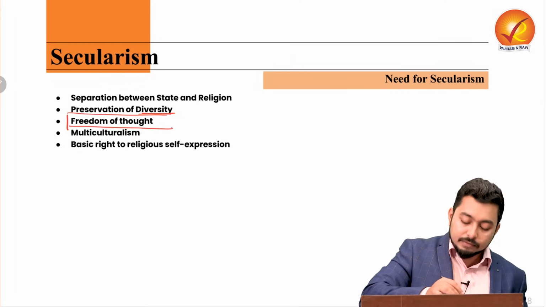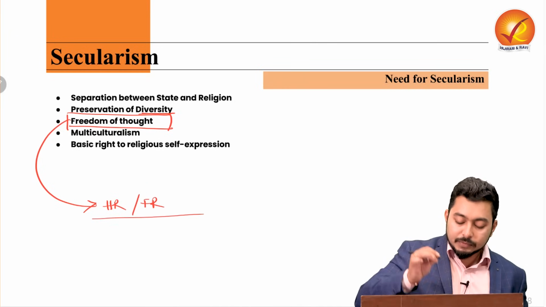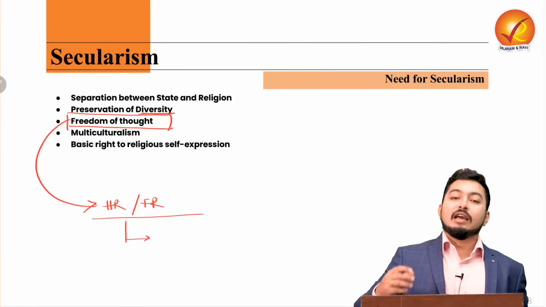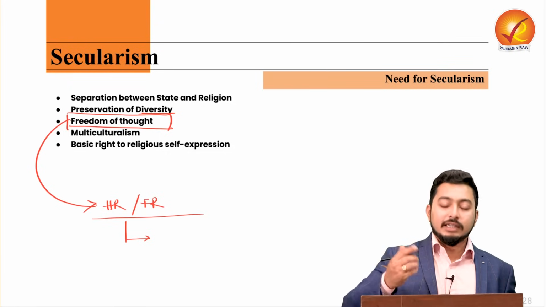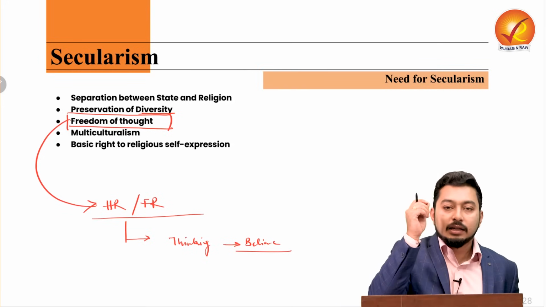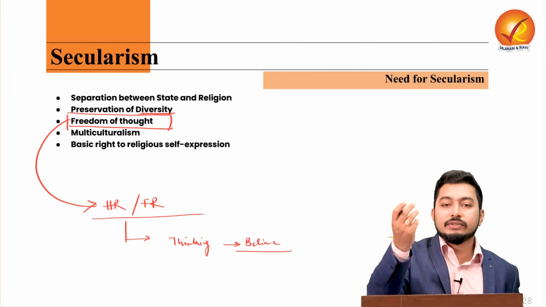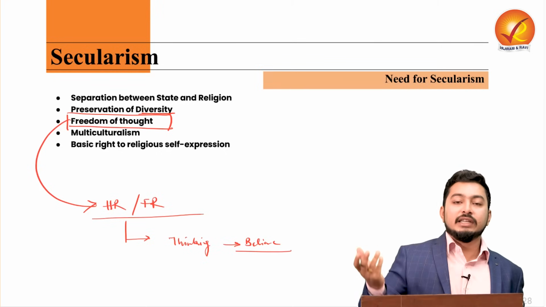Then the freedom of thought. These rights are not only parts of your human rights, but are also part of your fundamental rights under Part 3. Whenever we are talking about thought, expression, speech, that also means that I am thinking about something. So I also have the right to think. And naturally, if I am thinking, then I can also believe. That simply means that my fundamental rights, my freedoms also entail my right to have a conscience, my right to believe in something, my right to have some faith, and that faith might be religious in nature.